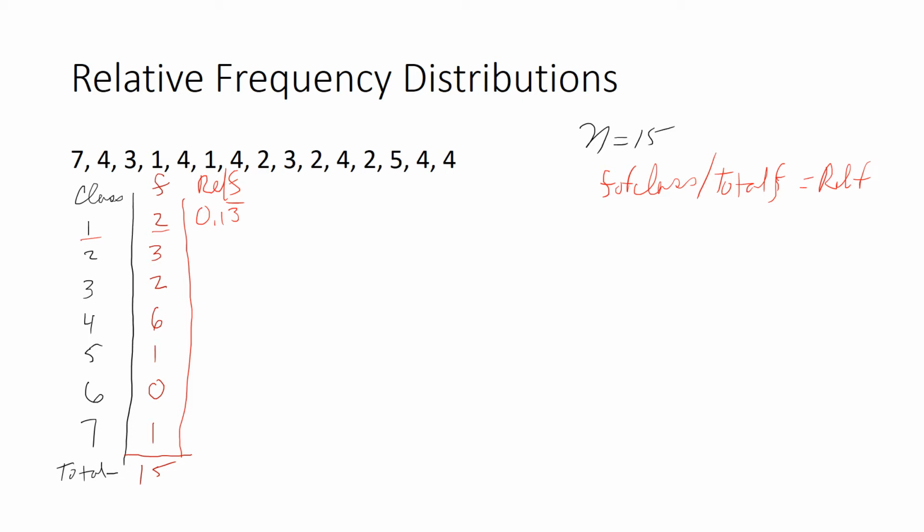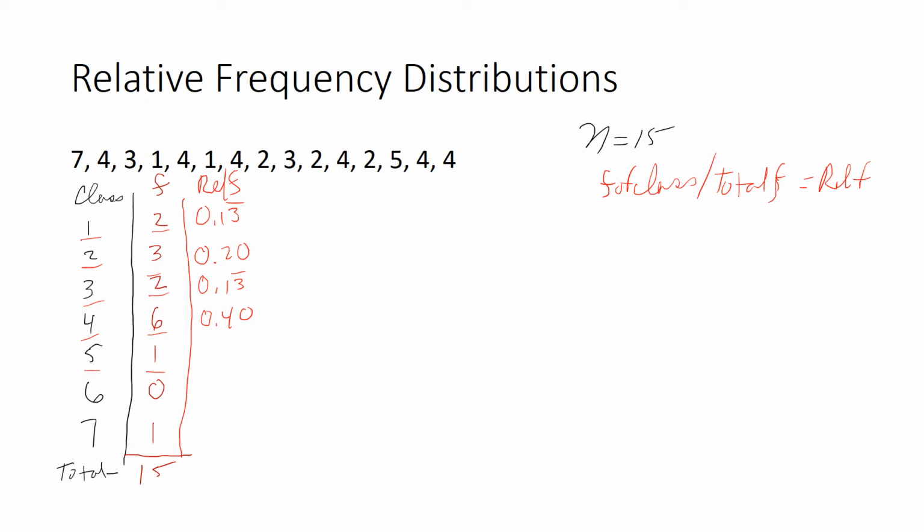Continuing with this, class of 2 with a frequency of 3 would give us a relative frequency of 0.20. Class of 3, frequency of 2, that's the same as before, so we can go with 0.13 repeated. Class of 4 with a frequency of 6 will give us a relative frequency of 0.40. Class of 5 with a frequency of 1 would give us 0.06 repeated.